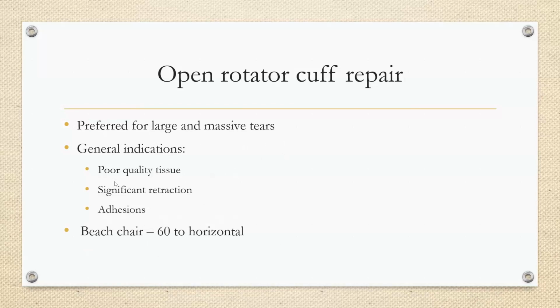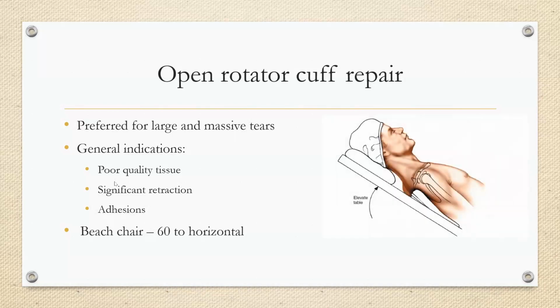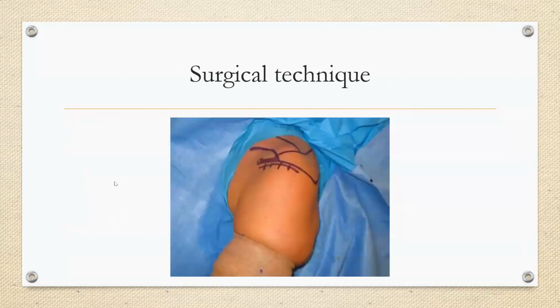As discussed, general indications include cases where we suspect poor tissue quality, significant retraction, and significant adhesions, which might be difficult to address arthroscopically. When doing open cuff repair, a beach chair position is preferred, with the patient placed 60 degrees horizontal.